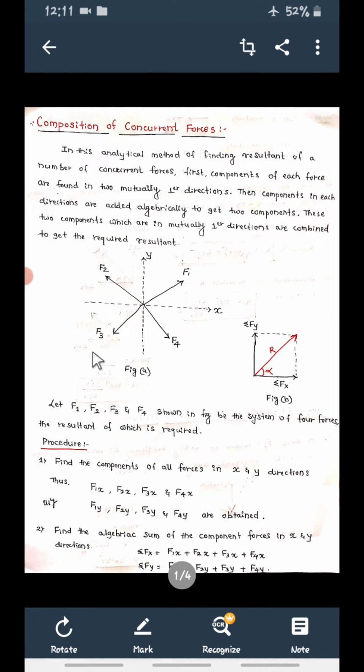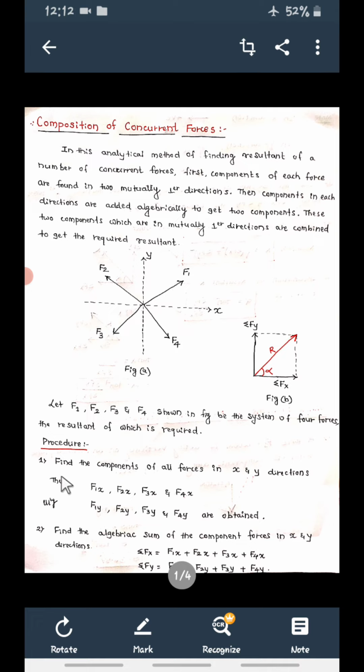Now see, consider F1, F2, F3, F4 as the four forces acting at point O simultaneously. Now it is required to find out the single resultant. Shown in figure is the system of four forces, the resultant of which is required. So you have to combine all the four forces and find out a single resultant.